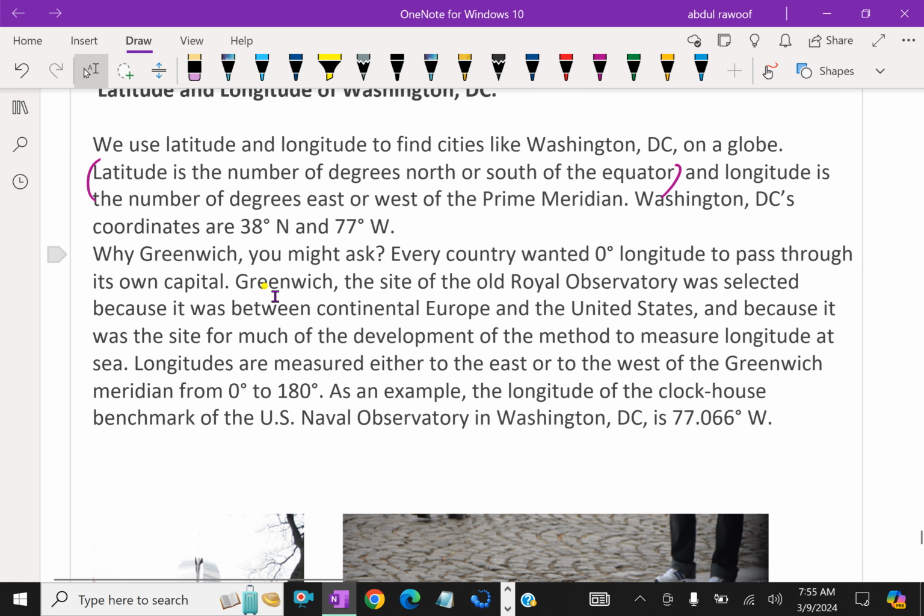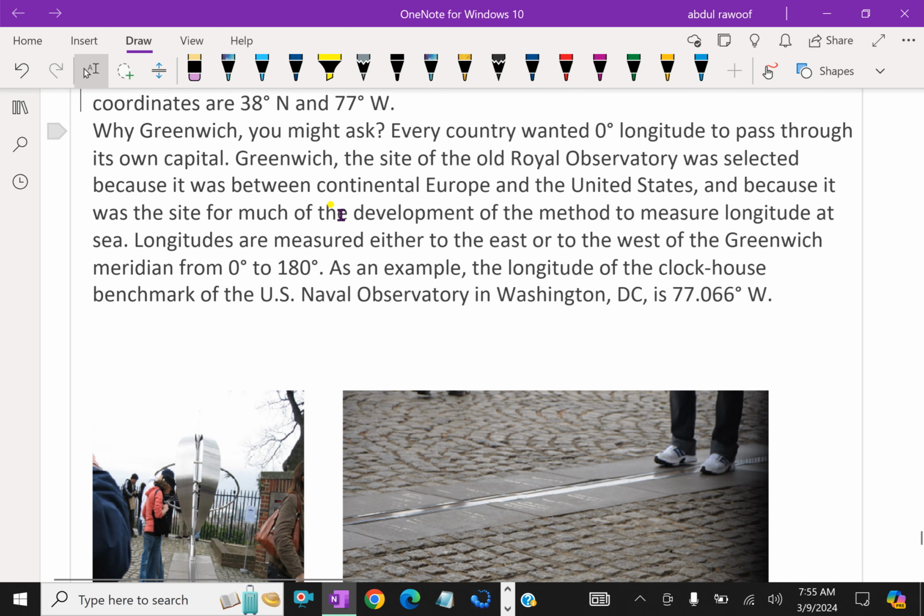Why Greenwich, you might ask? Every country wanted 0-degree longitude to pass through its own capital. Greenwich, the site of the Old Royal Observatory, was selected because it was between continental Europe and the United States, so it was somewhat easier than other places.